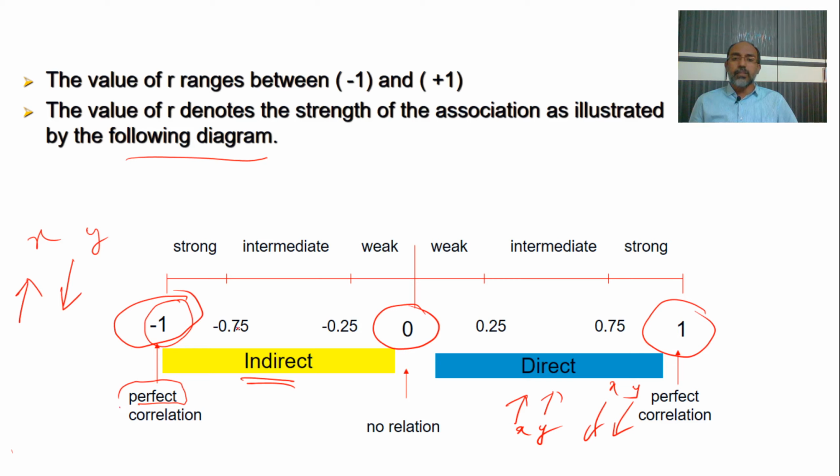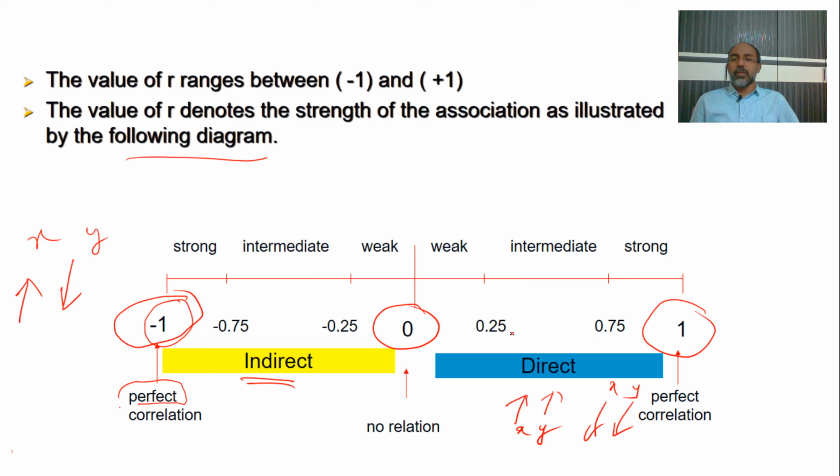If it is 0.75 or 75%, then 75% is the magnitude. Then 0.25, and in between there is 0.50, which means 50% of the magnitude. The same applies to the negative side; except for the minus sign, everything is the same.